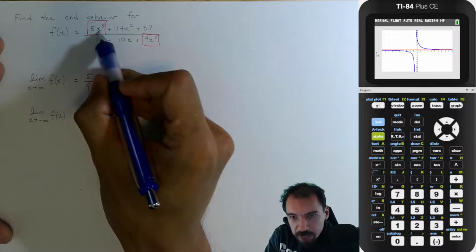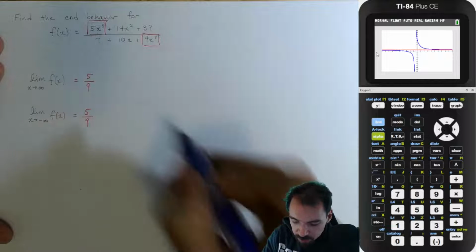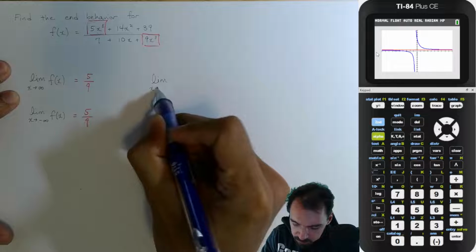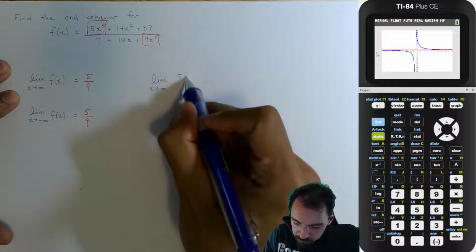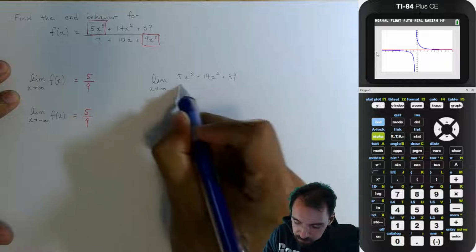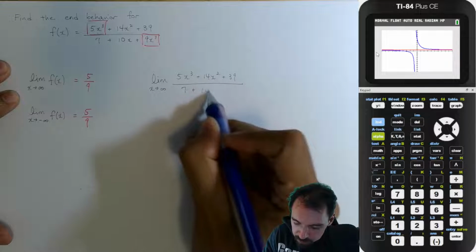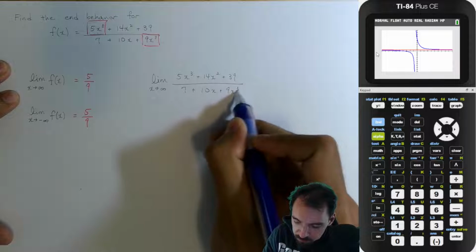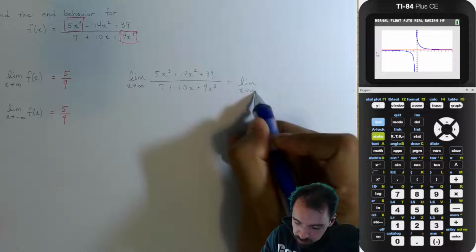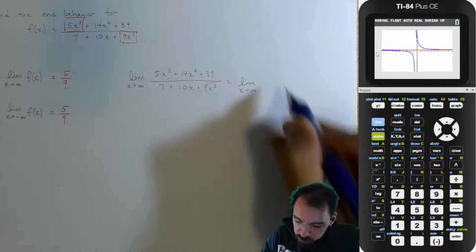I'm going to factor out the largest power of x here. I'm going to write the limit as x approaches infinity of 5x cubed plus 14x squared plus 39 all over 7 plus 10x plus 9x cubed, and factor out the x cubed from the numerator and the denominator.